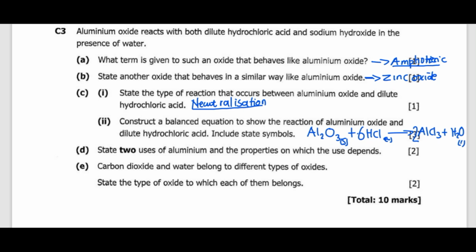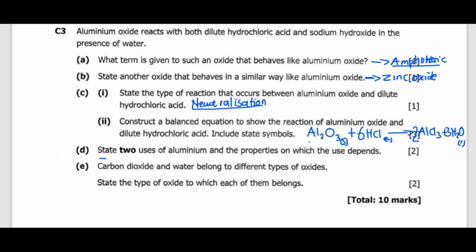Then we'll put 3 here. Okay, so we have it balanced because we have 2, then 2 times 3, 6 chlorine, also 6 here, 6 hydrogen, 6 here. Okay, it's now balanced.